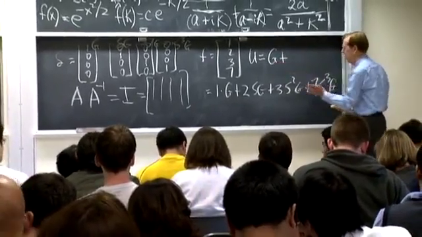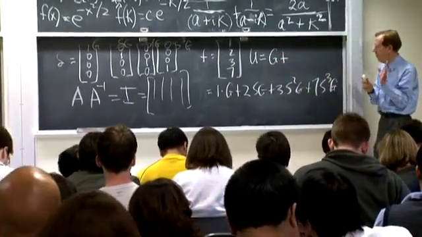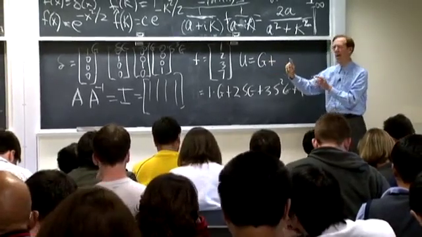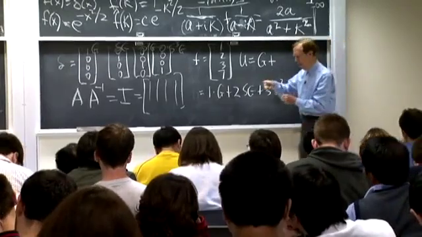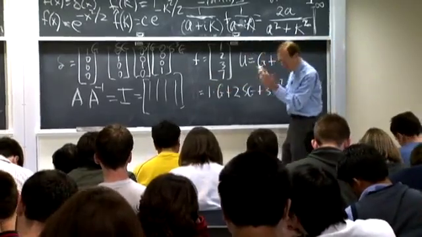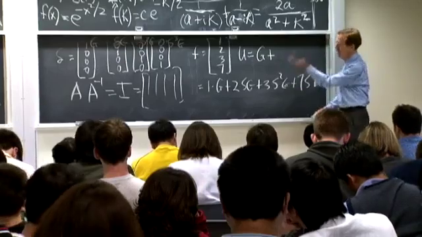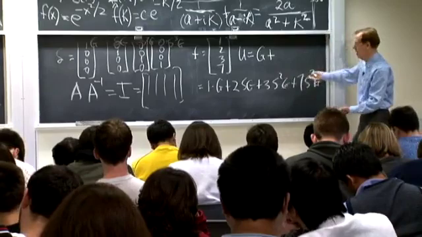I'm taking 4 minutes to do something simple because when I use the continuous case, it'll look a little strange, but here it's so easy. That'll involve integrals. This involves a sum.